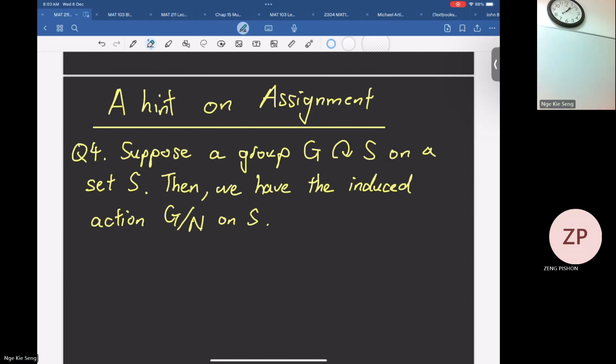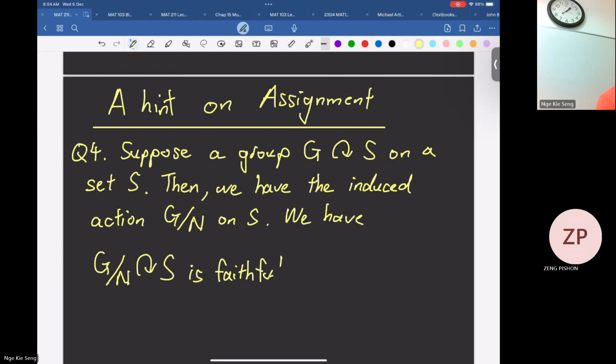So we have the action by the quotient group is faithful if and only if, sorry, N equal to the kernel.